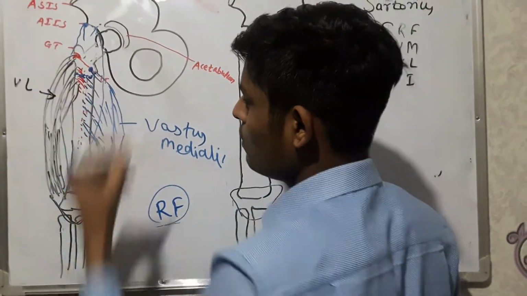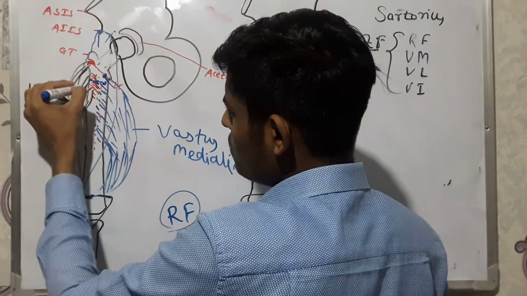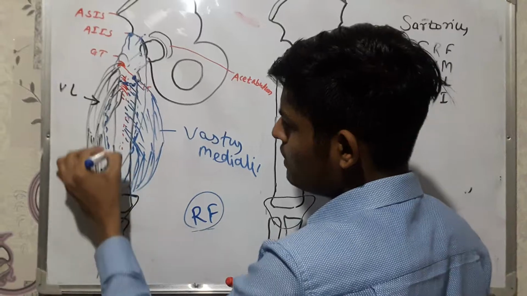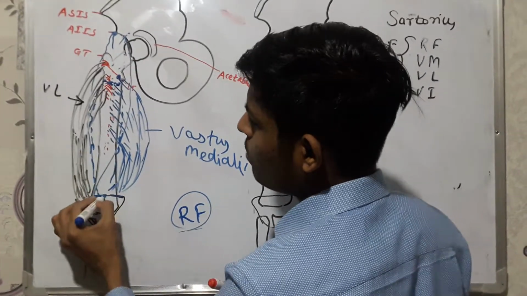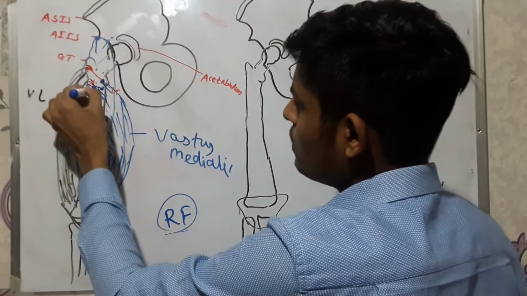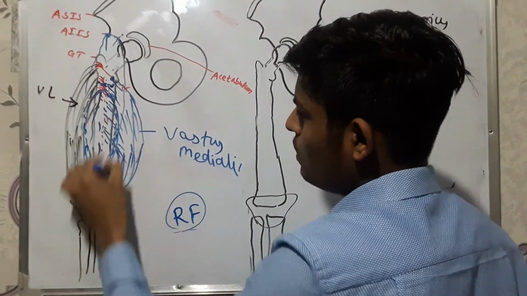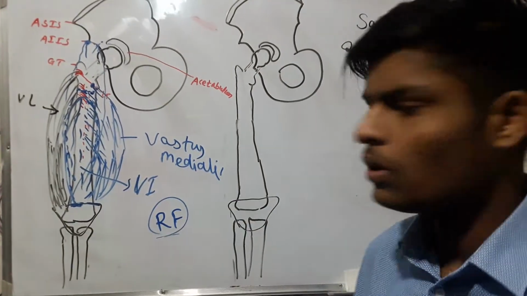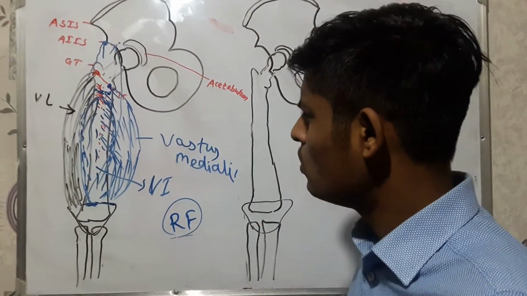Its fibers simply run downwards, form the belly, and just get inserted on the proper middle part of the base of the patella. I can't draw that muscle clearly, but you just understand this. So that is vastus intermedius muscle.